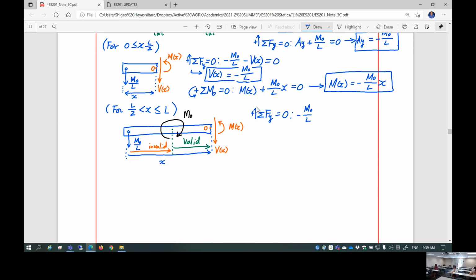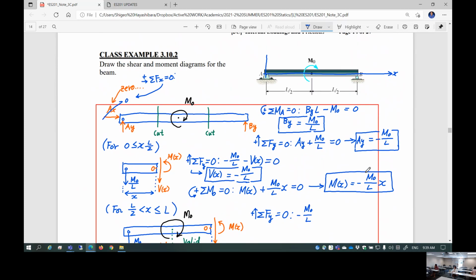Yes, the point moment is appearing at the half-L point. Right here at this point, you can take either way. This is the location where internal moment and shear dramatically change. So including this point or not including it is both correct. It's your decision.